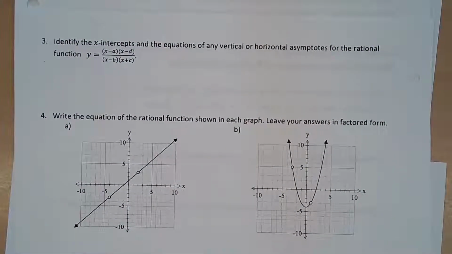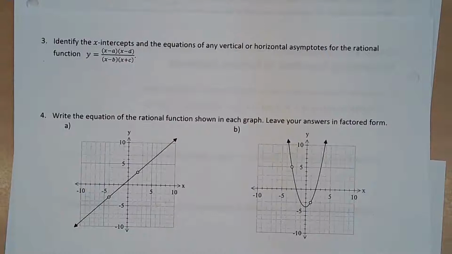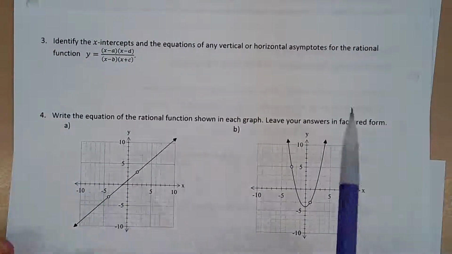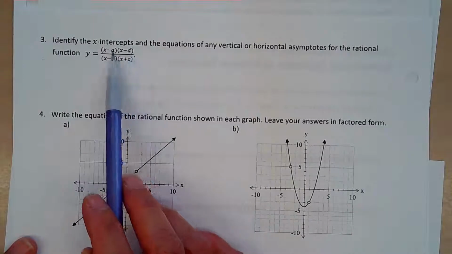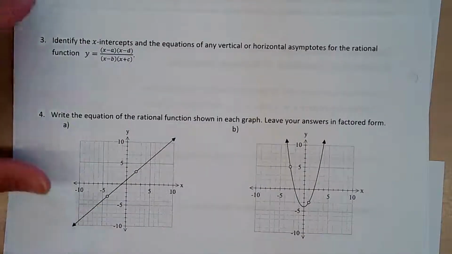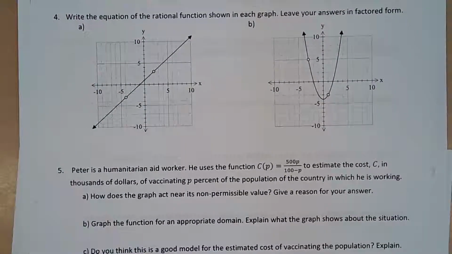Number 3, identify the x-intercepts and the equations of any vertical and horizontal asymptote. There's no specific number, it's A, B, C, and D. So what is the horizontal asymptote, vertical asymptote? What's the x-intercept if we were to replace those numbers? Find the x.